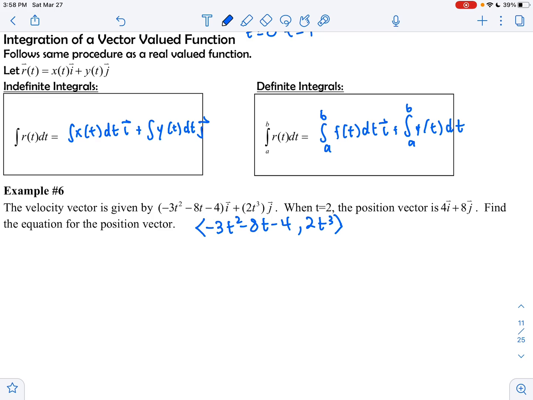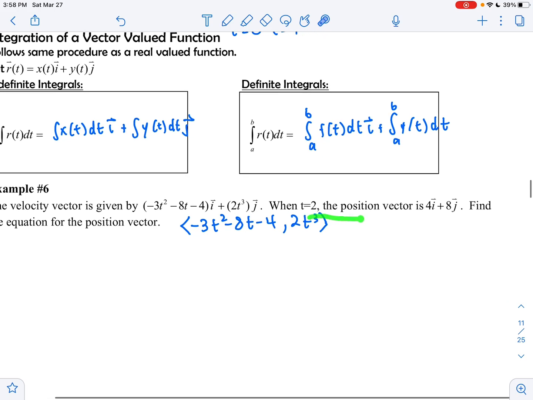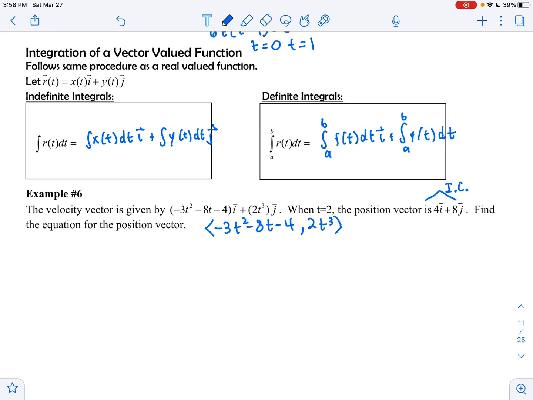In this case, they do say that when t is equal to 2, the position vector is 4i plus 8j. So that's essentially giving you what we are used to calling an initial condition. So all of this is my initial condition. Find the equation of the position vector.